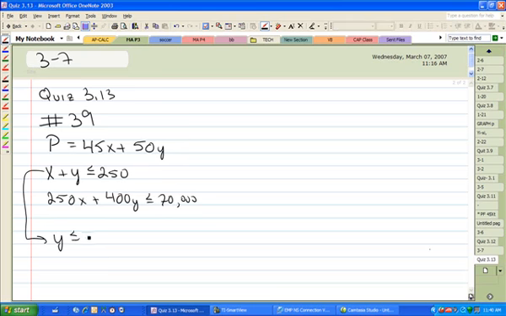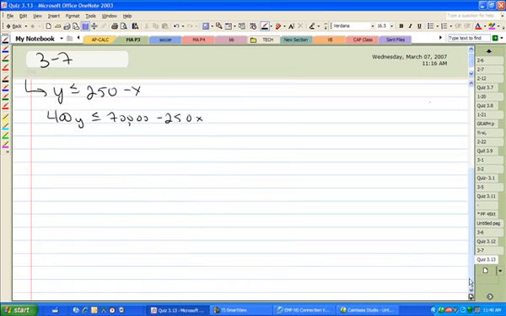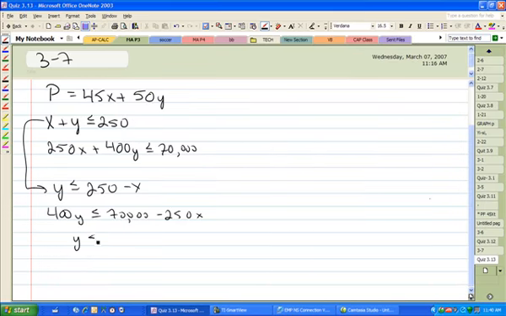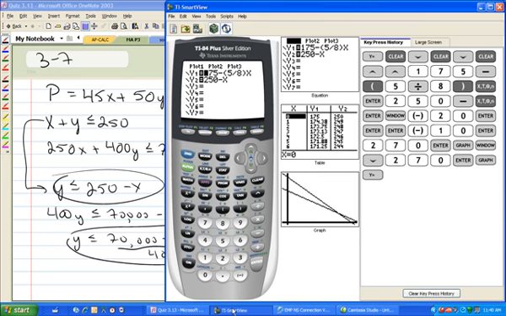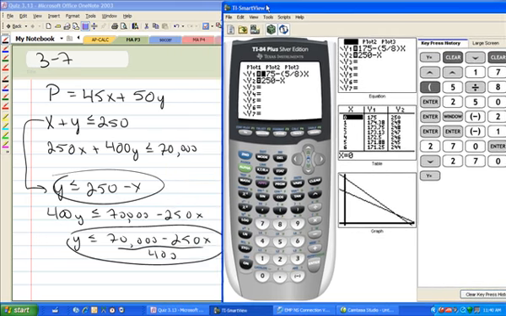So y will be less than or equal to 250 minus x, and 400y will be less than or equal to 70,000 minus 250x, or y will be less than or equal to all this divided by 400. So that needs to go in the calculator, and that needs to go in the calculator. And to save us some button pushing in time, look at that. They're already in the calculator.